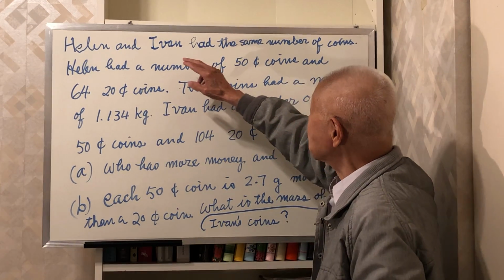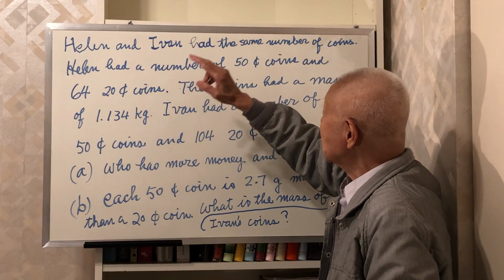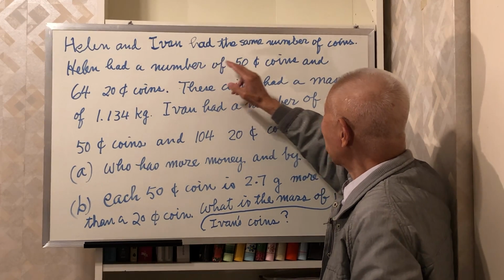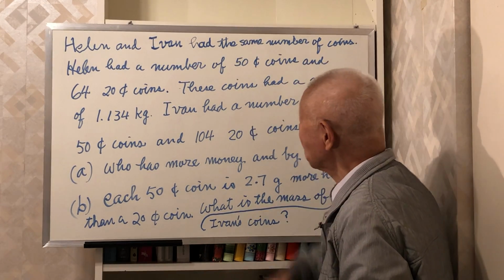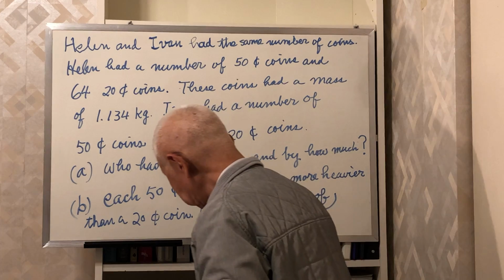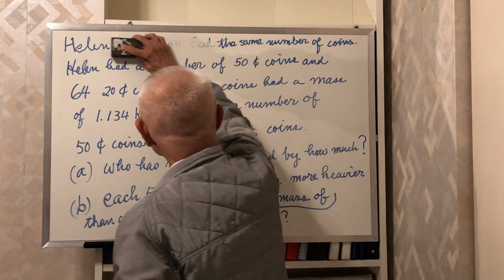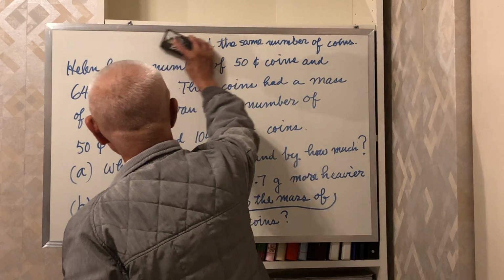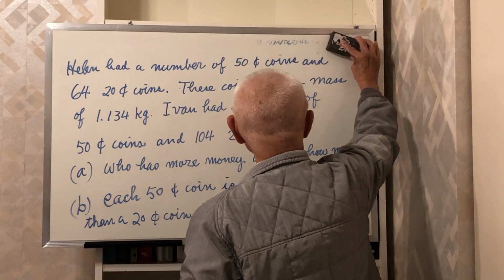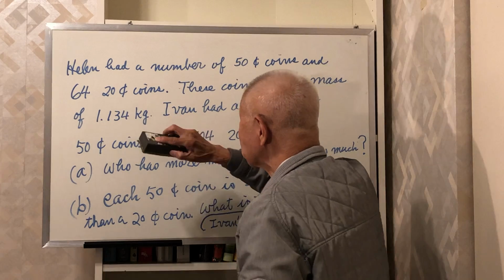Let's understand this. Helen and Ivan had the same number of coins. Let me erase this. I need more space to write down. So the number of coins, they have the same. They have the same number of coins.